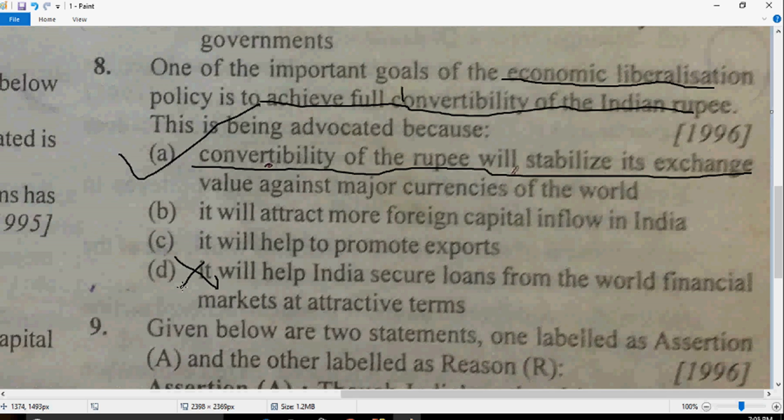After 1994 the rupee was partially convertible, which means the currency can be changed freely into foreign currency for business, trade and expenses, but can't be converted freely for acquiring overseas assets. Experts feel full convertibility of the rupee would facilitate growth and higher foreign investment, and that can also be, but here I have to give the priority to A.